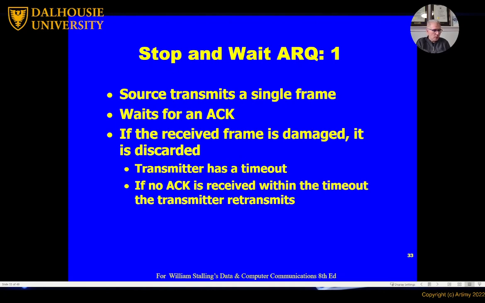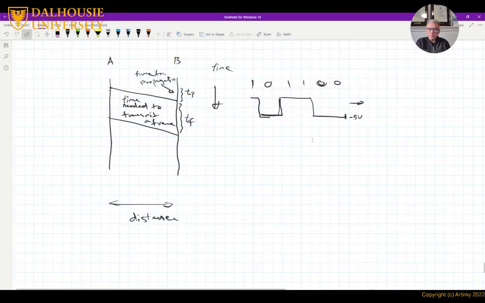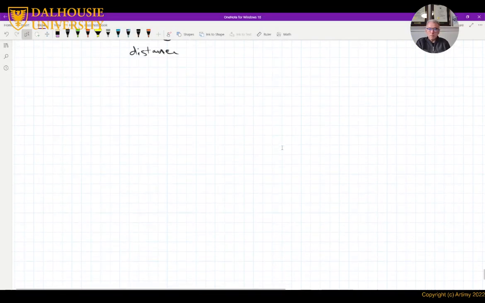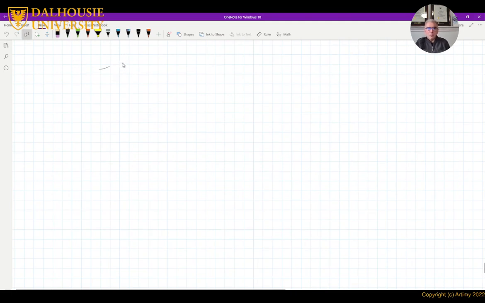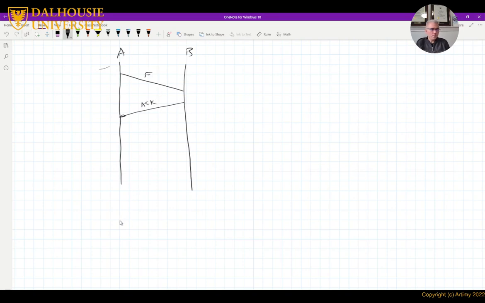So with the stop and wait protocol, we can ask the receiver to acknowledge. Every time I send a frame, the receiver can send back saying, I acknowledge the frame that was sent correctly, right?